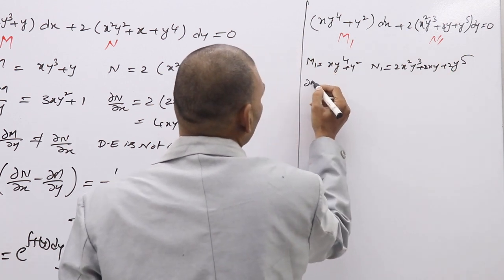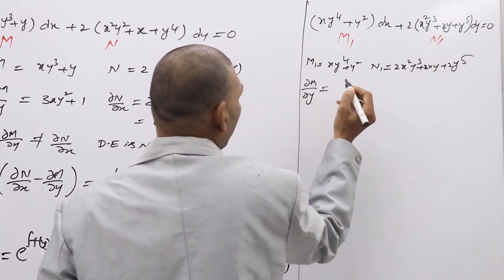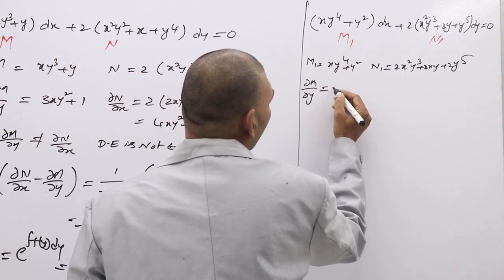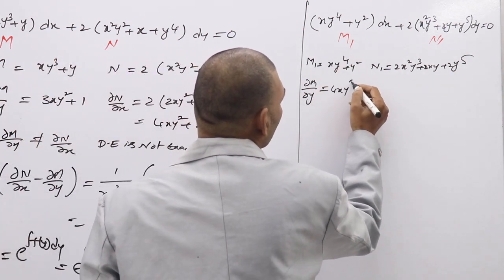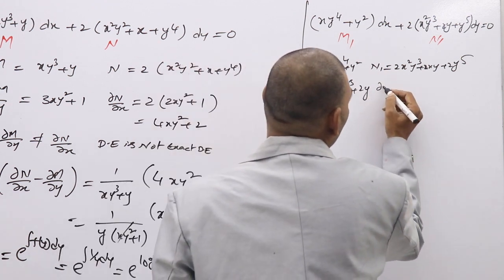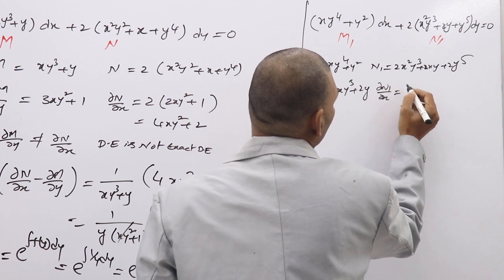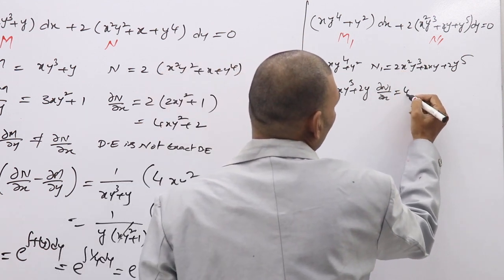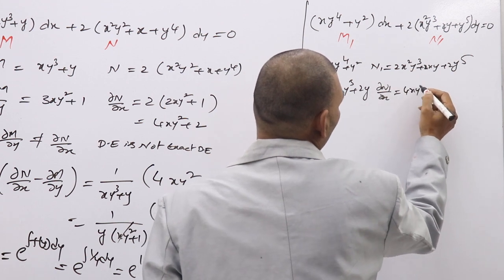Now find dou m1 by dou y. Differentiate with respect to y: differentiation of y power 4 gives 4y cube, so 4xy cube, and differentiation of y square is 2y. Dou n1 by dou x, with respect to x: differentiation of x square is 2x, 2 twos are 4, xy cube.